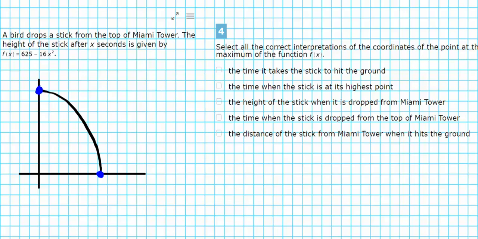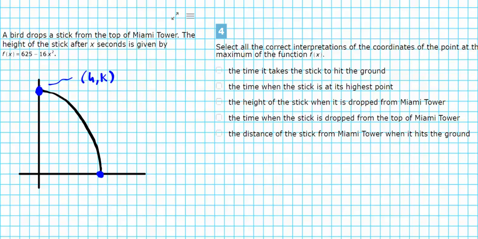The vertex, as we know, is (h, k) if this function is written in vertex form. And then we have the y-intercept right here, which is some later x value when y is equal to 0. Now, what is the significance of these points?